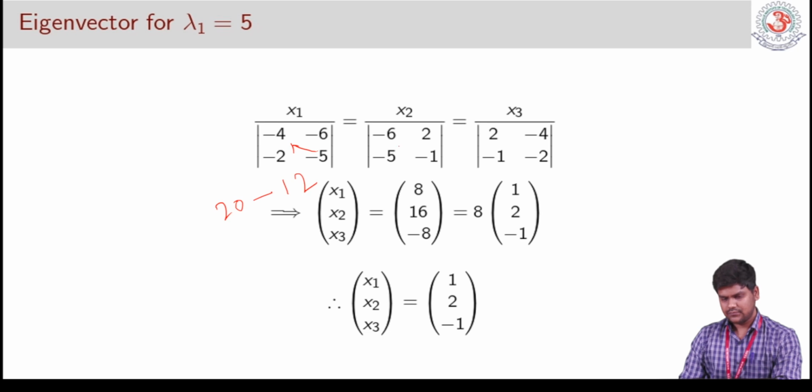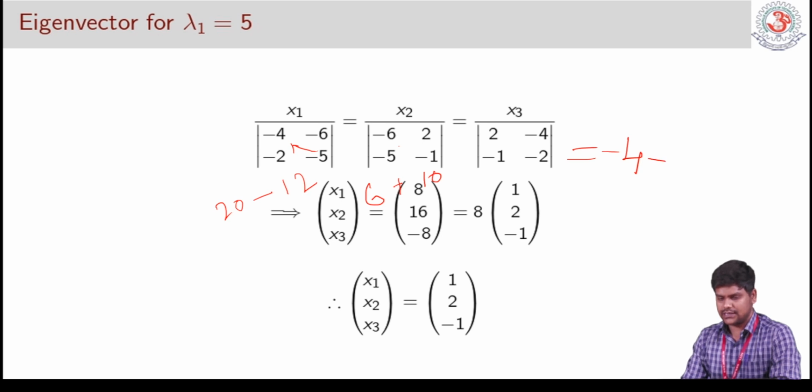Here minus 1 into minus 6 is plus 6, minus of minus 5 into 2, that is minus 10, so minus into minus gives plus 10. So 6 plus 10 is 16. The x3 value is minus 2 into plus 2, that is minus 4, and minus of minus 1 into minus 4, that is plus 4. So minus 4 minus 4 is minus 8. Taking common values out, we get 1, 2, minus 1. So this is the corresponding eigenvector for lambda equal to 5.